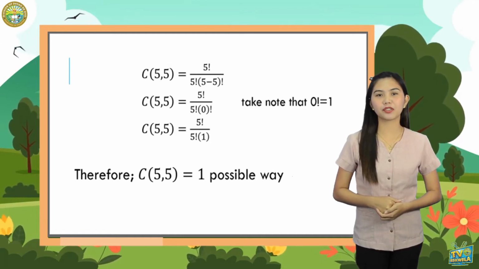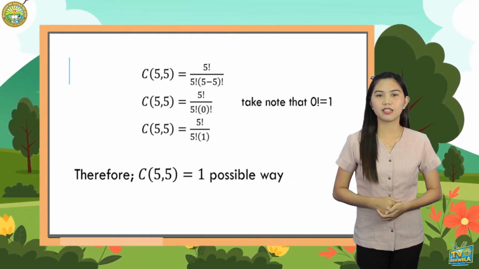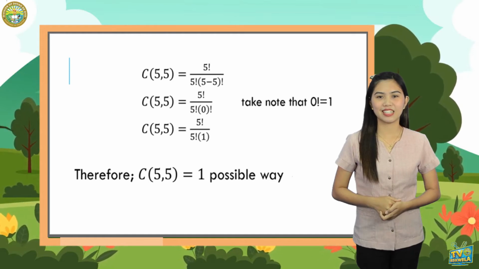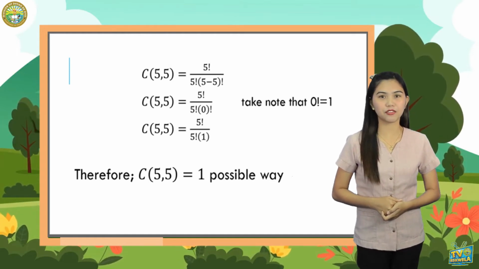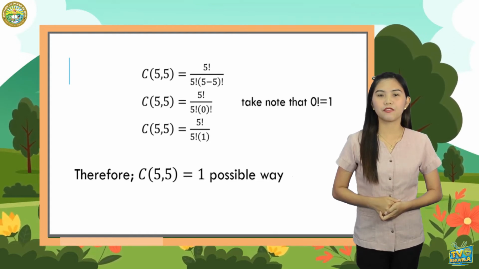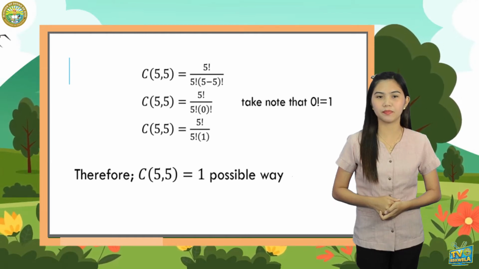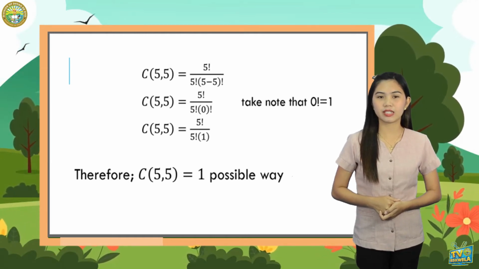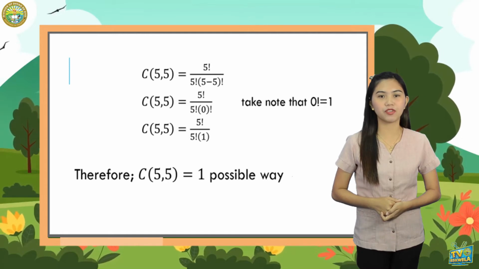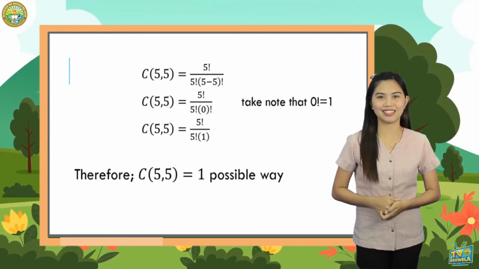Then, 5 factorial over 5 factorial times 0 factorial. Take note that 0 factorial equals 1. So, 5 factorial over 5 factorial times 1, we have C(5,5) equals 1 possible way.